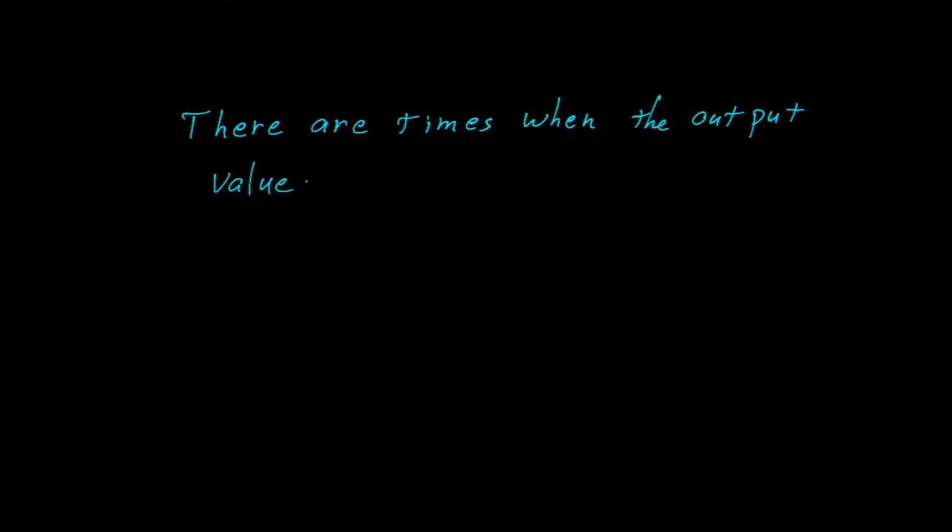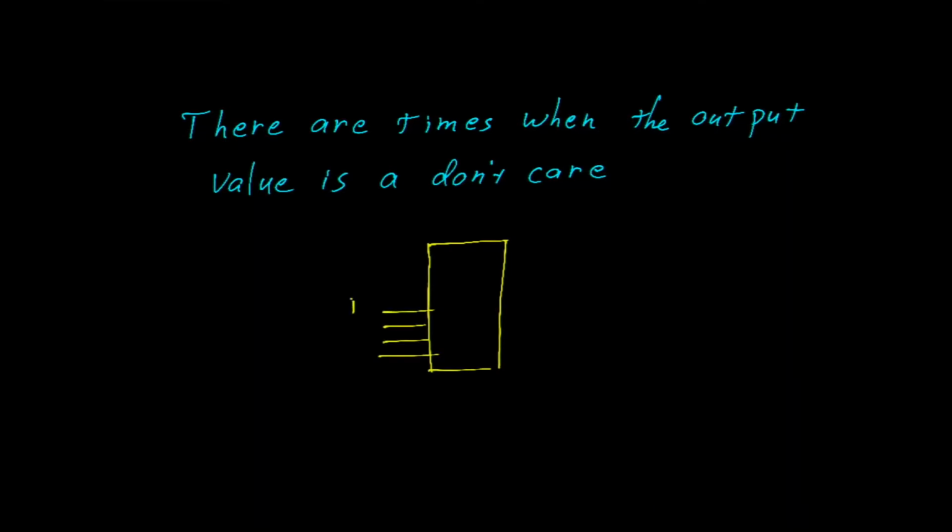By the way, there are times when we don't care which value the output takes. We call that a don't care. Here's an example. Suppose you're dealing with a decoder chip. We'll let that chip have 4 inputs, so D, C, B, and A, which present a hex word, and that decoder chip is then used to drive a 7-segment display.